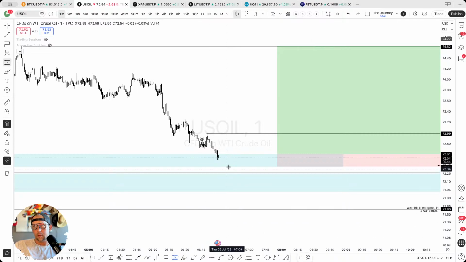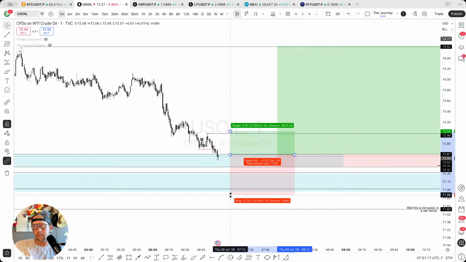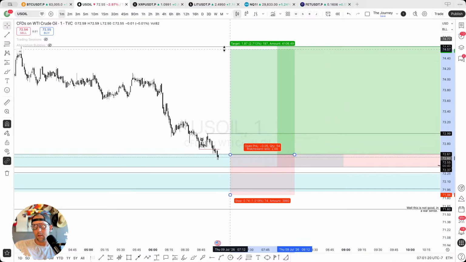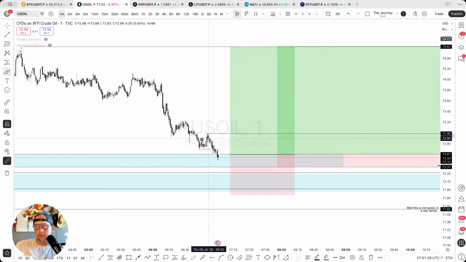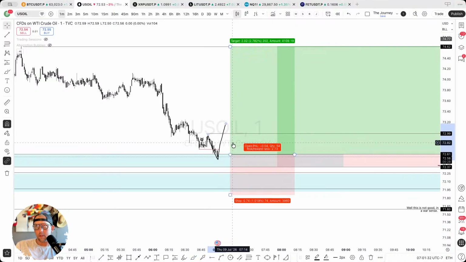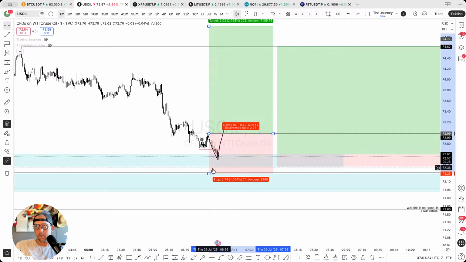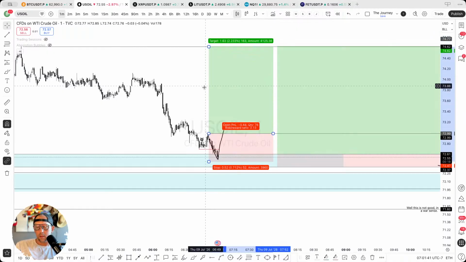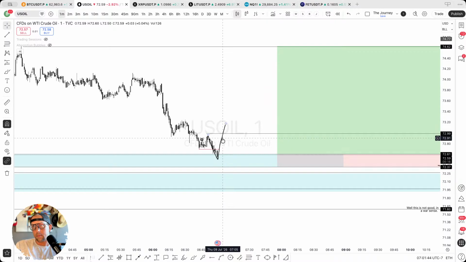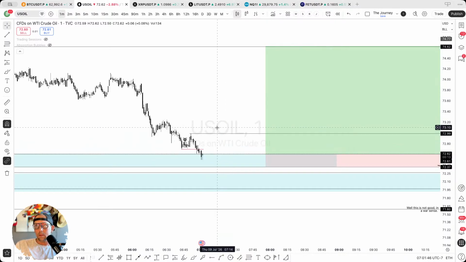Looking at risk to reward, if I get in here and my invalidation is there, 2.73 to the high. No, that's not worth it, right? Because if we come here and then break this, then my risk to reward is better. Yeah, it's worth waiting for a break. A break actually gives me a better risk to reward here.